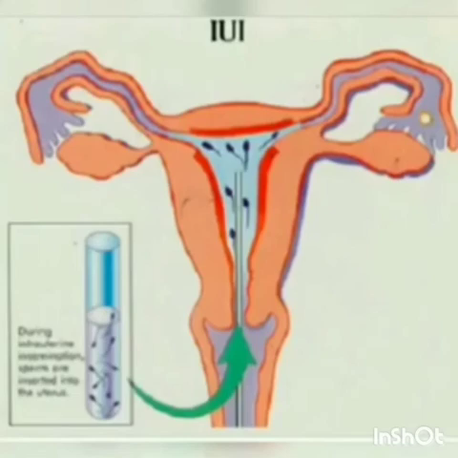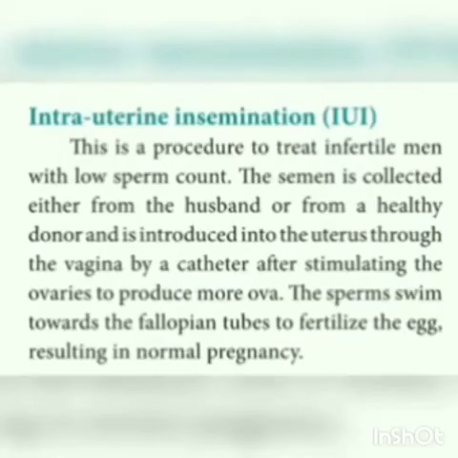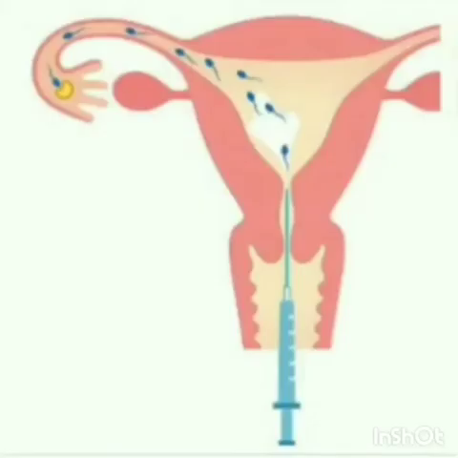Semen is nothing but a group of sperms. So the semen is collected either from the husband or from a healthy donor, and it is introduced into the uterus through the vagina by a catheter. A catheter is nothing but a wire which transports the sperms into the vagina.